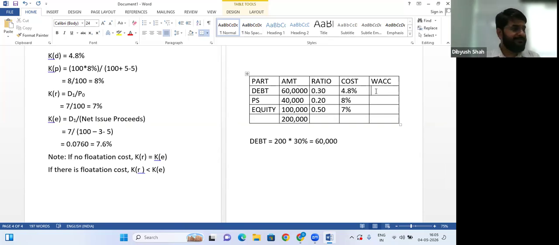4.8 into 0.3. 1.42. 1 point 1.6. 3.5. Add them up. This is your weighted average cost of capital.